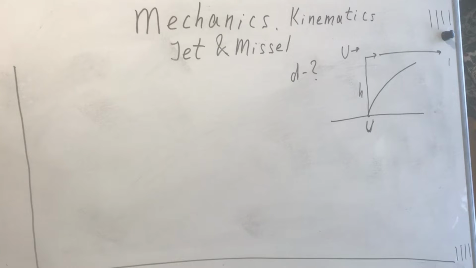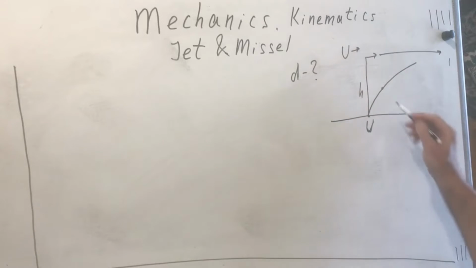Okay, if we try to solve this problem in our regular system, like this one, probably this problem would be very difficult. But we can choose another frame of reference, which consists of such things.